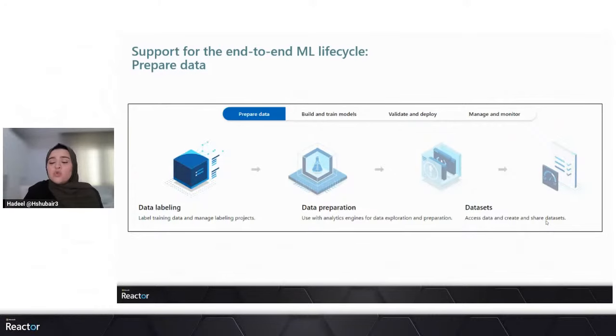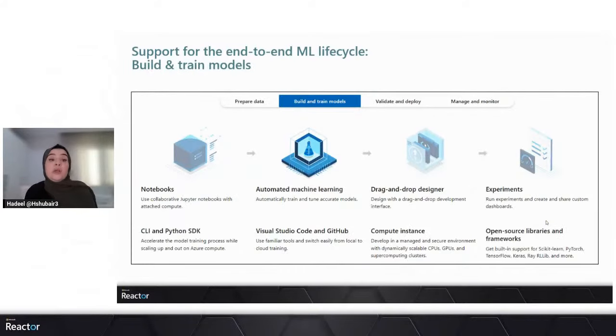So after we've gone through the process of preparing data, what's the next step? The next step, after you have your data in hand, ready and clean, is to start building and training your models. And to do that, you will use, obviously, notebooks. So you can use Jupyter notebooks on the platform to help with the compute and to help you write all your code.